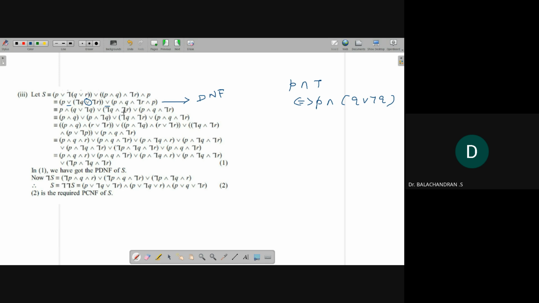There is no change here. Everywhere you have and, so P and P is P. So P and Q and negation R.